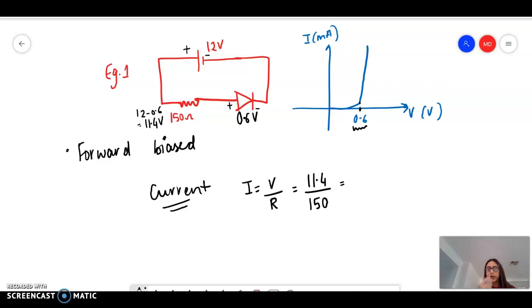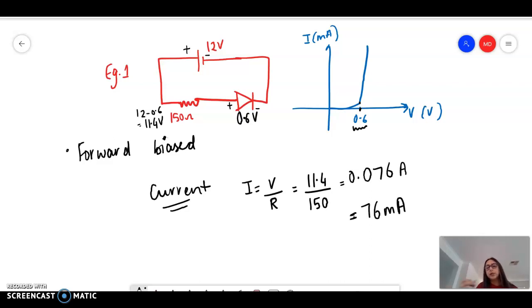It just took 0.6 volts from the battery and now we drop that 0.6 and pretend as if the diode's not even there. So we now consider it as an equivalent circuit where there's a 150 ohm resistor getting 11.4 volts from a battery and the diode is not even there. So this is the value of current in amps, or we can say that it's 76 milliamps.